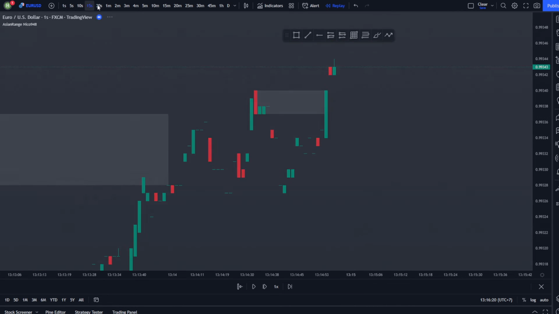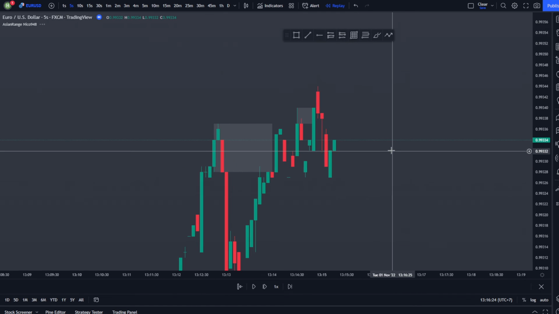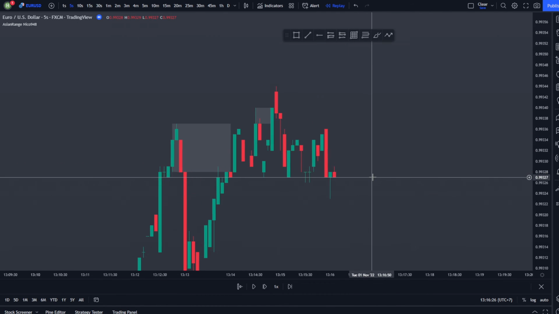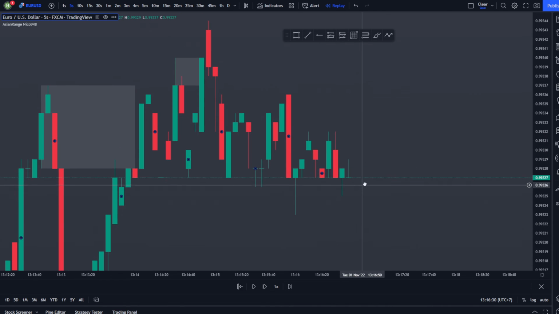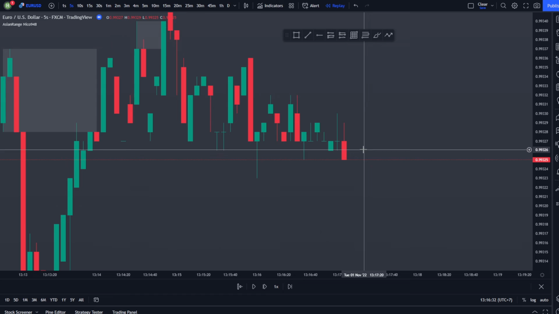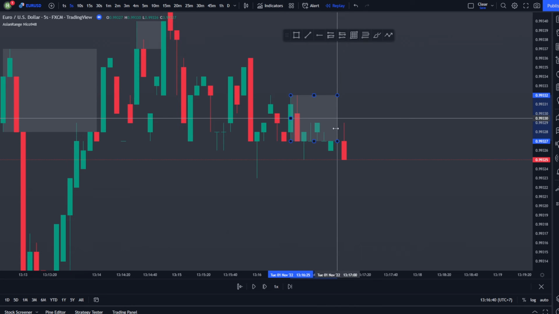This time I think price broke high, so go back to 5 second. At this point I think price is quite confused, so we get a break on itself here, and then OB was here. Okay, alright.